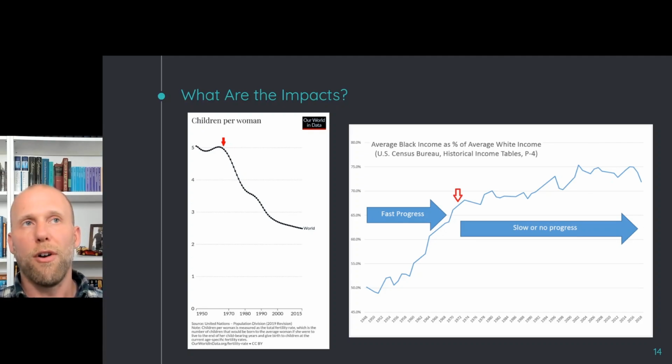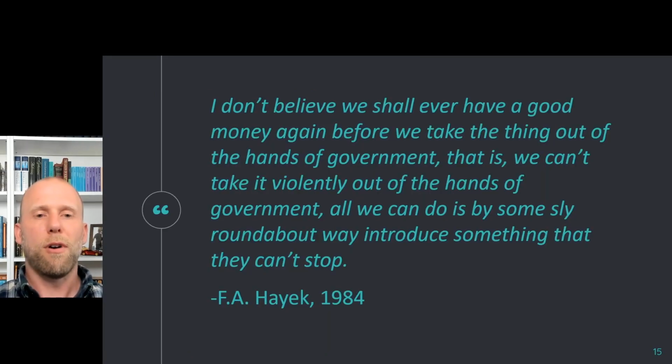This is a pretty broad overview. You can really go down a pretty deep rabbit hole looking at the negative consequences of living under this kind of monetary regime and what it does. To wrap this module up, as we've talked about money, I want to leave you with this quote from F.A. Hayek. "I don't believe we shall ever have a good money again before we take the thing out of the hands of government.